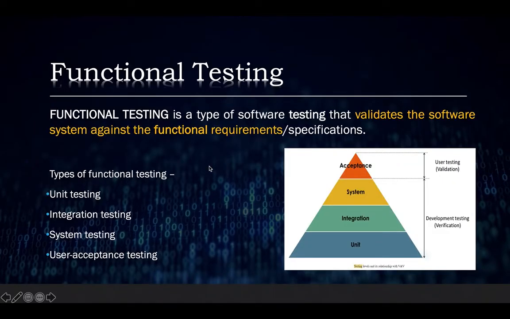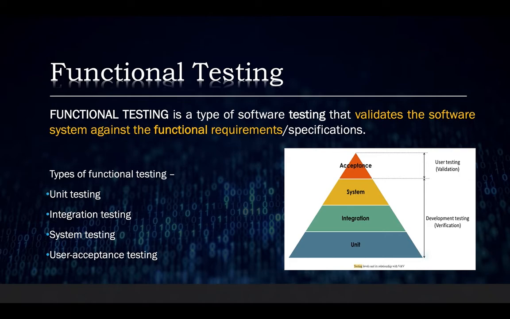Functional testing is a type of testing in which the engineers validate the software system against the functional requirements. Here we check if, when we give certain inputs to the software, the outputs that we get are the expected outputs or not.